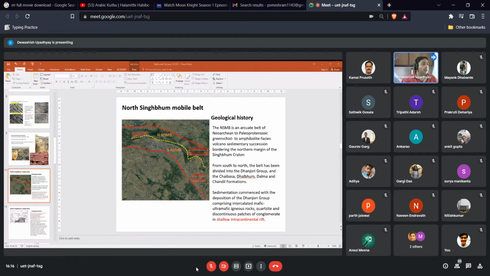Now, if you look at the granitoids, granitoid is a clan of rocks comprising a large variety of different types of felsic plutonic rocks. The granitoids that comprise the Archean crust or the Archean cratons are mostly of two types.